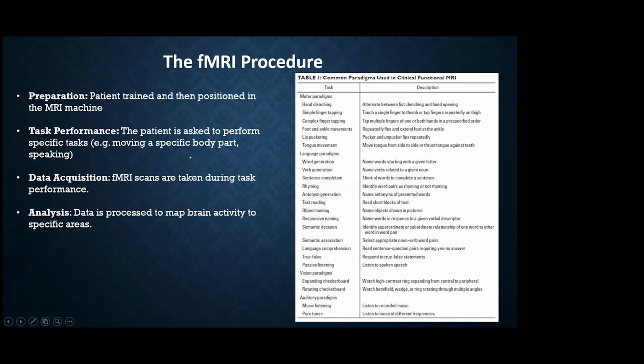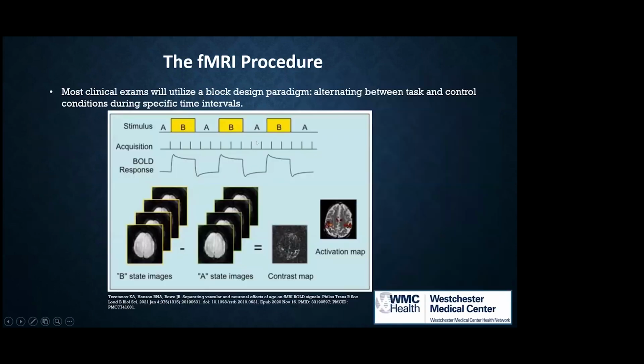We have a unit in our scanner that can provide the tasks in about 30 different languages, so usually there is not a language barrier. Then the patient goes on the table, the fMRI and the structural imaging are acquired, and the data is sent to a third-party software that we use for post-processing and evaluating the data, and then coming up with our assessment and report.